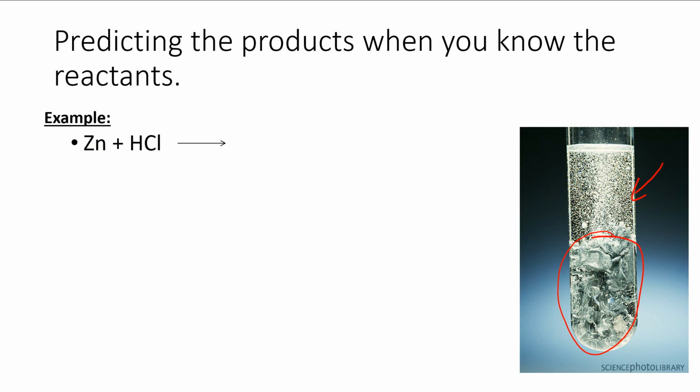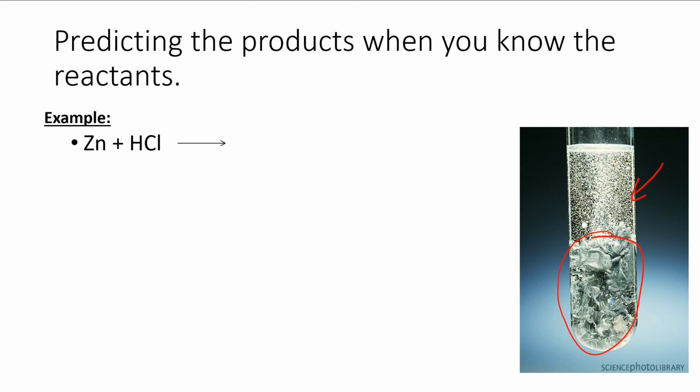So we're going to rely on skeleton equations here to predict what ought to form. First of all, there are 2 things we have to remember: one is what patterns tell me what type of reaction it is, and two, what is likely to combine with what. So what I have is a metal. Zinc is a metal. We have hydrogen and chlorine.